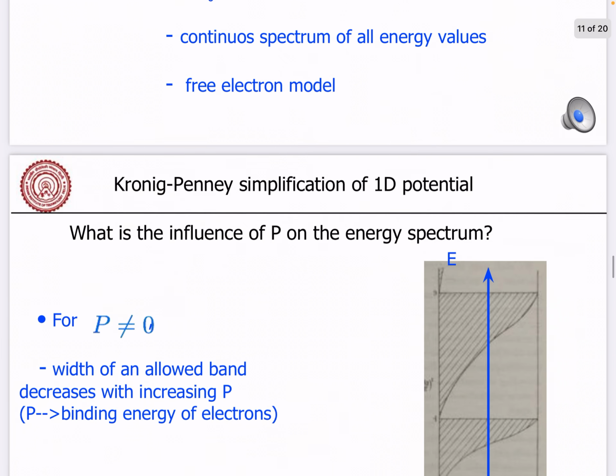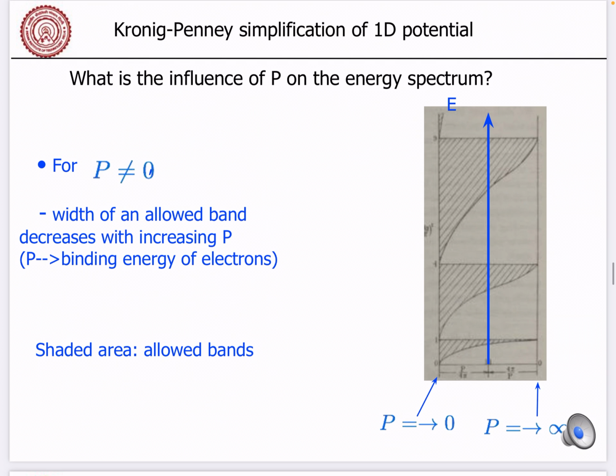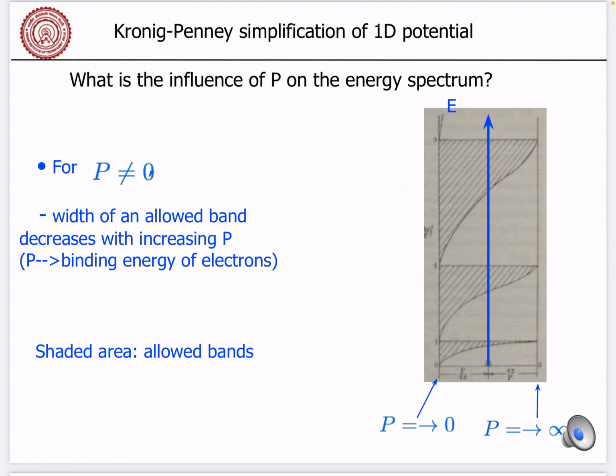Now, let me show you this curve. I have taken this from the original paper of Kronig and Penney, which was written in the 1930s. The scan copy of this is what I am showing here.